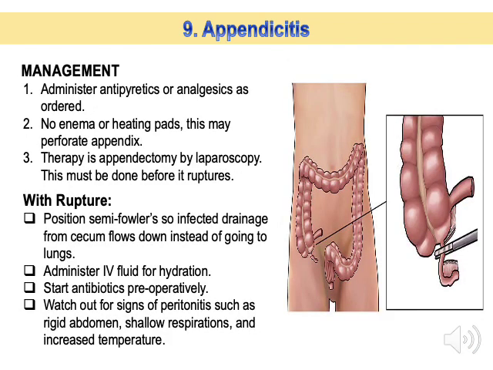Management: first, administer antipyretics or analgesics as ordered. This will manage the pain. No enema or heating pads. These may perforate the appendix and may possibly cause internal bleeding. Third, therapy is through appendectomy by laparoscopy. This must be done before the appendix ruptures.